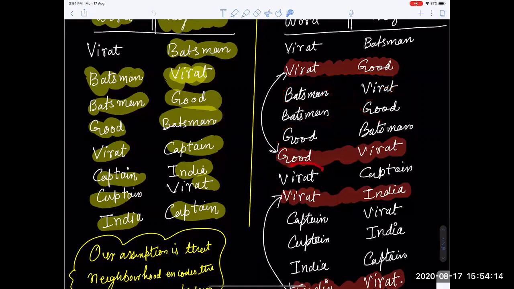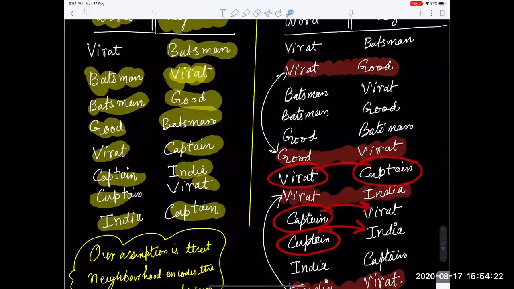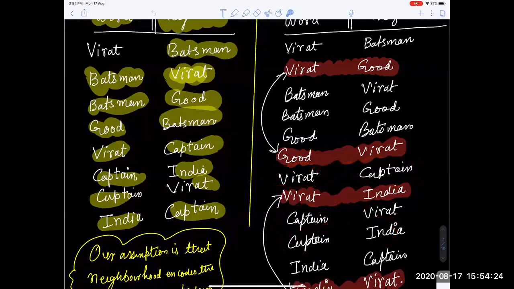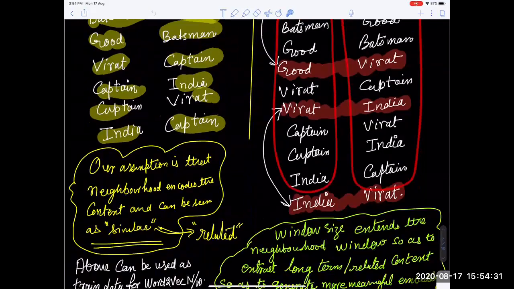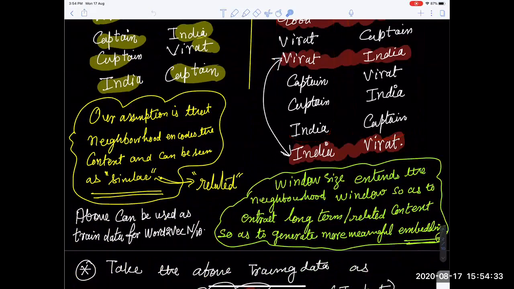So if I show my network Virat, it somehow has to say captain. If I show captain, it has to say Virat. If I show captain, it has to say India. So I need to train a network which will take things from here and convert them into here. That is going to be understanding the semantic relationship between these pairs.